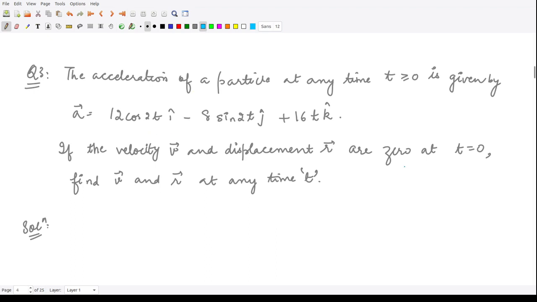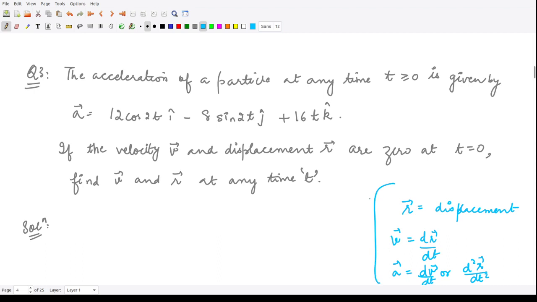So how do you obtain it? You know the relationship. Vector r is the given displacement. If that is so, then the velocity is simply the derivative of this, and acceleration is simply the derivative of this velocity, or you can write this to be the double derivative of the displacement vector. So this you already know.